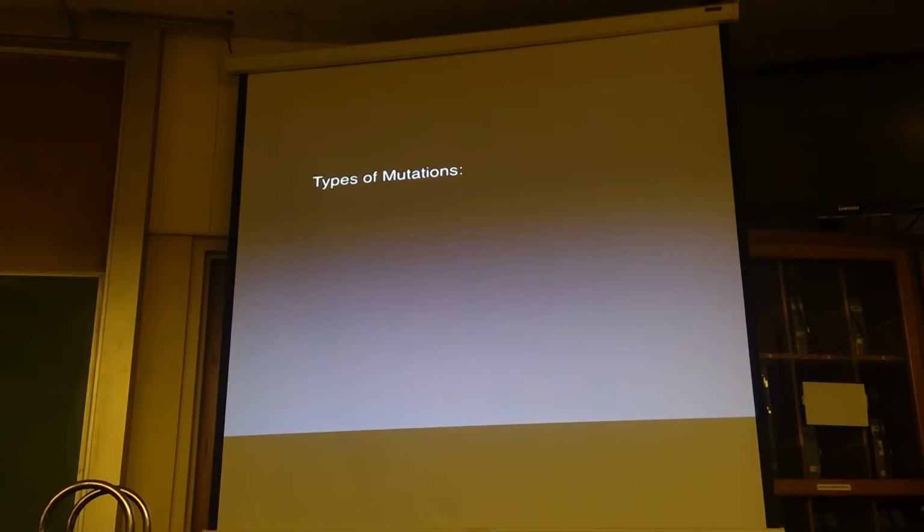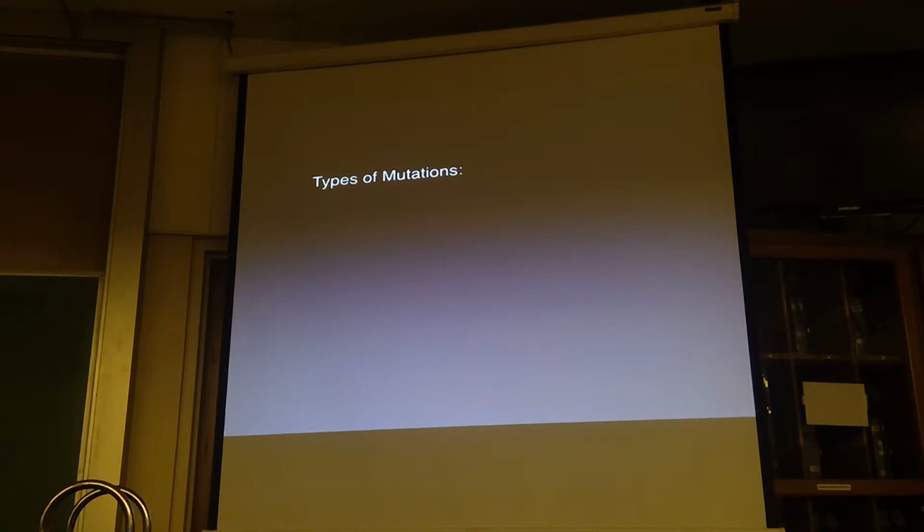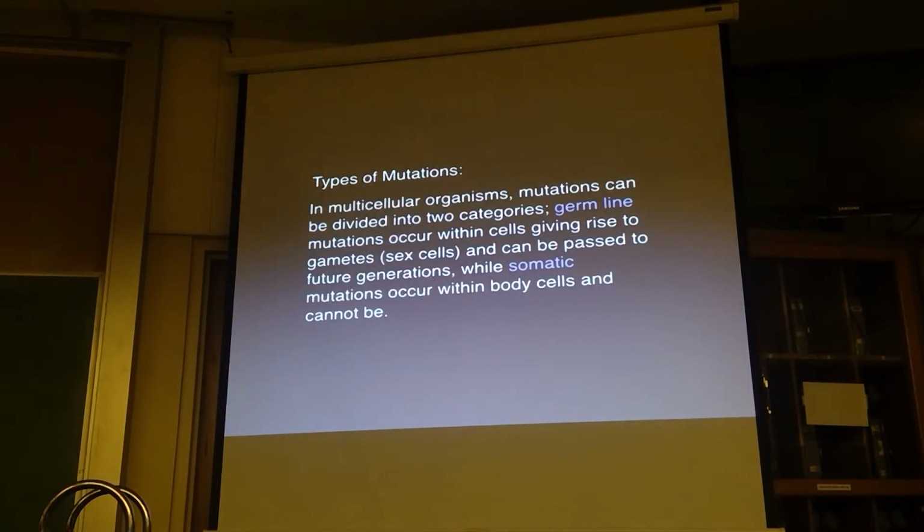Okay, so we're going to look at some types of mutations, and again, I'm going to restrict this. There's a lot of mutations that happen in eukaryotic organisms we're not going to deal with. So we're looking at mutations as they impact bacteria primarily. If you were dealing with multicellular organisms, mutations can be either germline mutations or they're somatic mutations. Which ones could be heritable?